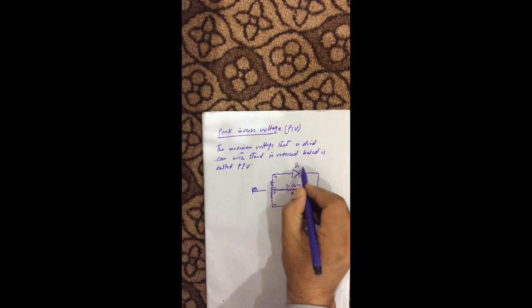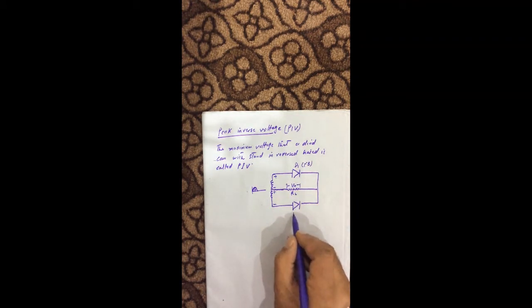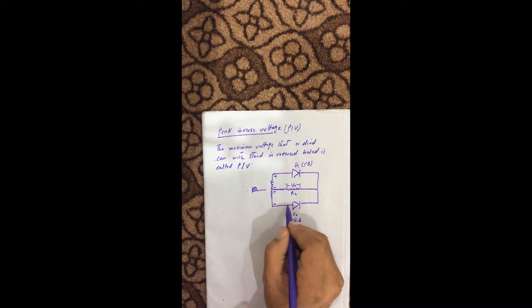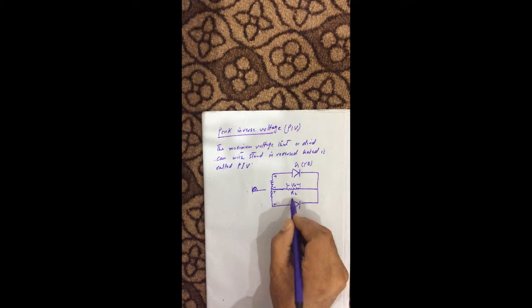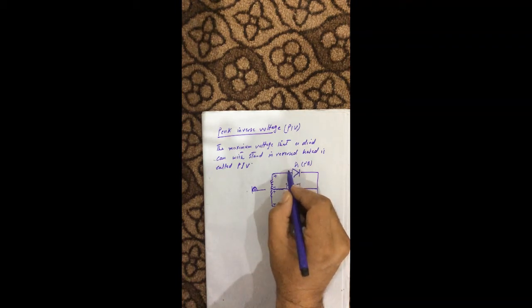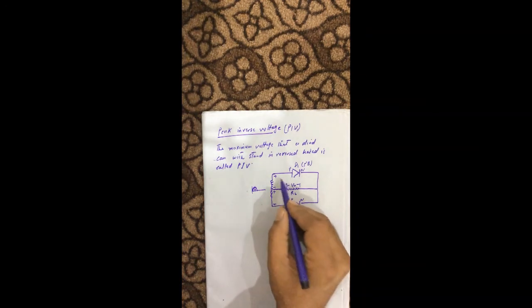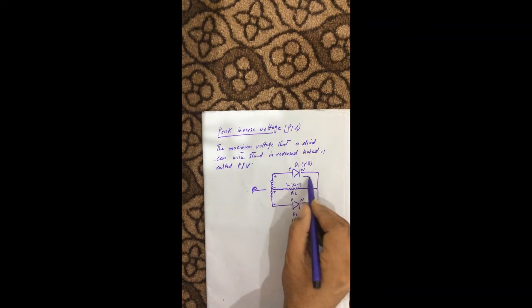Now in this case, D1 is forward biased, it's a closed circuit, it's on, and D2 is reverse biased, because the P side of D2 is connected to the negative terminal and the N side to the positive. So this is a reverse bias case, while the P region of D1 is connected to the positive terminal and N to the negative terminal, so this is forward bias. The current flows from positive to negative, so the direction of current is this one.